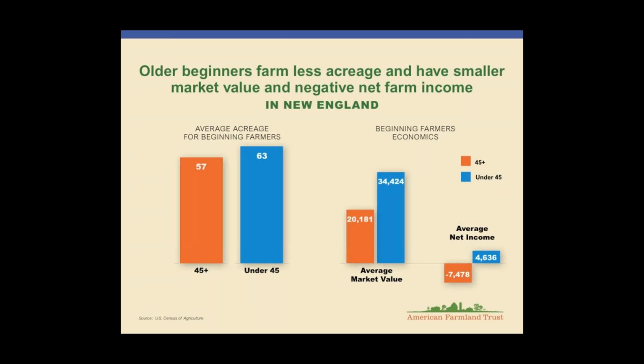But it's pretty striking when you look at average net income for the older beginners in New England, that it's a negative income, with much smaller average market value. The takeaway for us is that the older beginners are bringing significant assets to farming, and this shows up particularly in the income numbers.